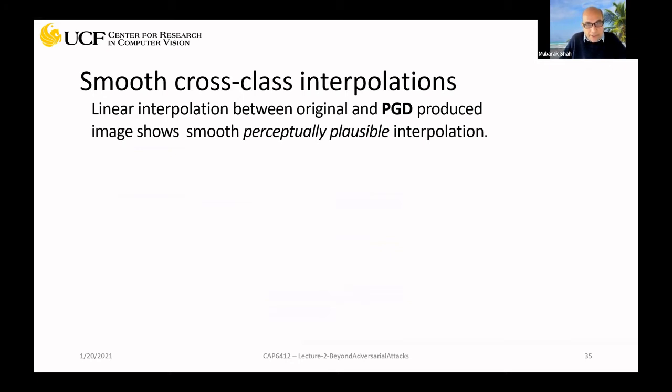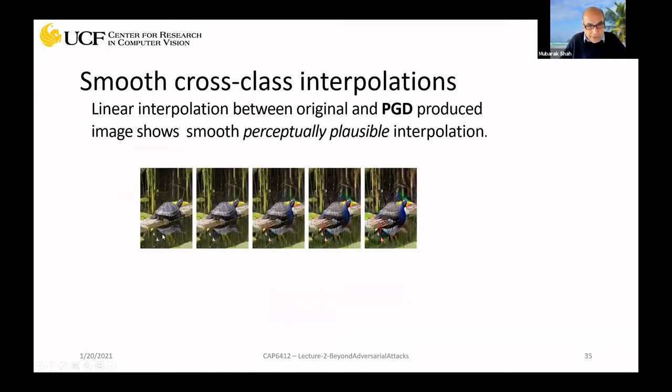The other thing is that if we take the original image and the PGD attacked image, we can do a smooth transition, and those transitions are actually meaningful. This is called interpolation. We started here, we result here, but this is the different interpolation between two images. And as you see, this is a very smooth transition.